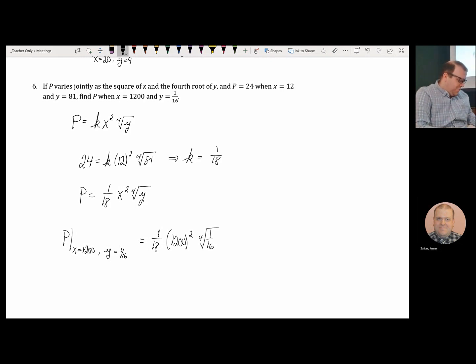What is the fourth root of 1/16? A half. What's 1200 squared? 14.4.